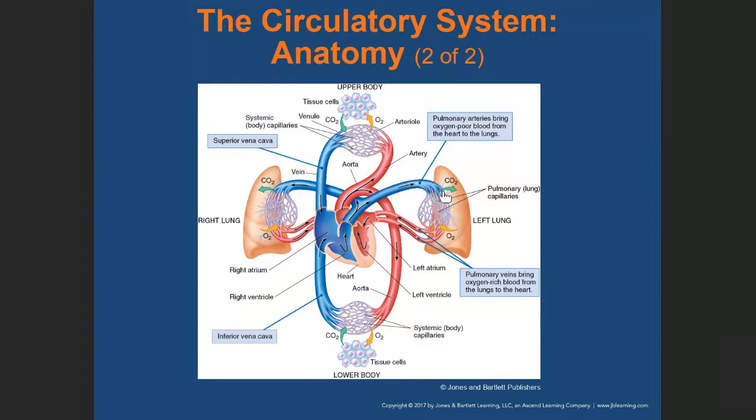The pulmonary arteries will then break down into pulmonary arterioles. Then the pulmonary arterioles will break down into pulmonary capillaries. The pulmonary capillaries are wrapped around the alveoli.